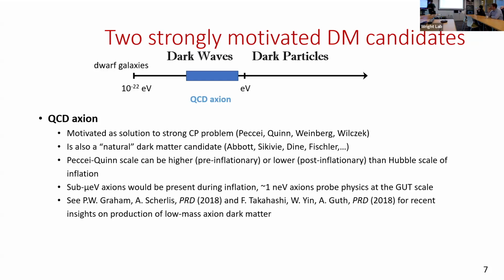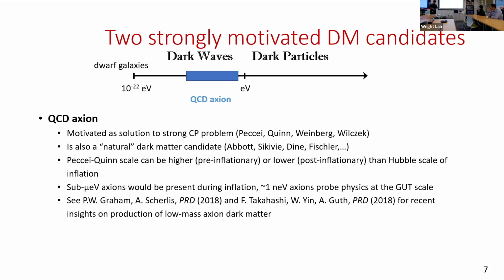This was solved in papers by Peccei, Quinn, Weinberg, and Wilczek, which said, well, I can take theta to be a dynamical parameter and introduce this new symmetry, the Peccei-Quinn symmetry. When that symmetry is broken, the theta CP violating term relaxes to 0, and by virtue of having this broken symmetry, we produce a Goldstone boson from it, which is the axion.